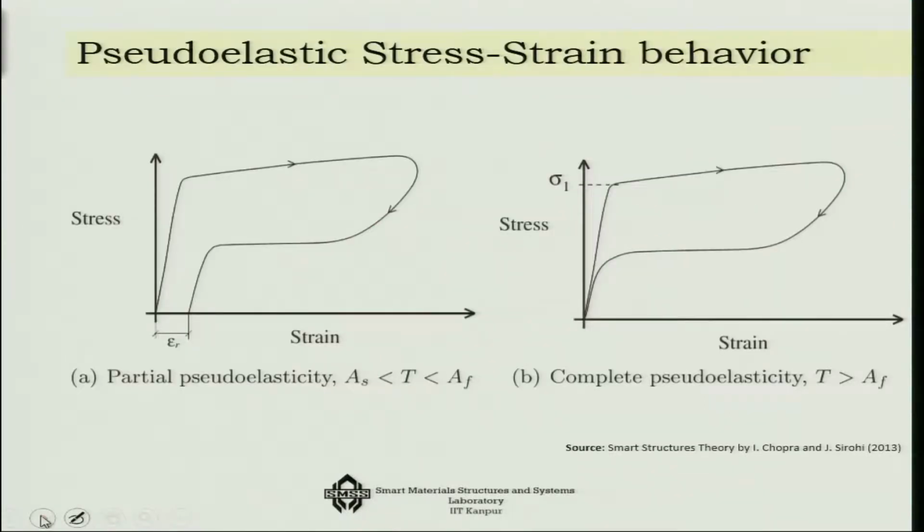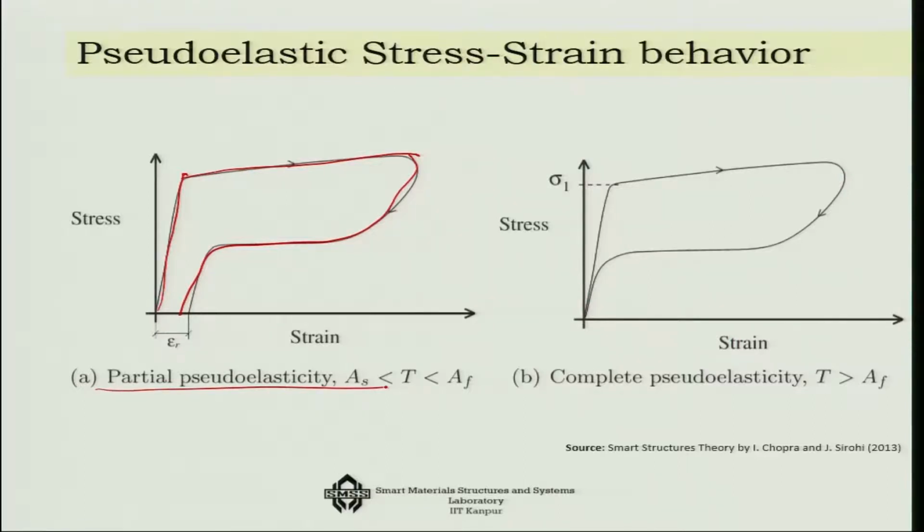Now you need not always go to the full cycle of complete austenite transformation. In that case, it may happen that you increase the load, partial transformation has taken place, you unload it, once again it is going back like this. So this is what is partial pseudoelasticity.